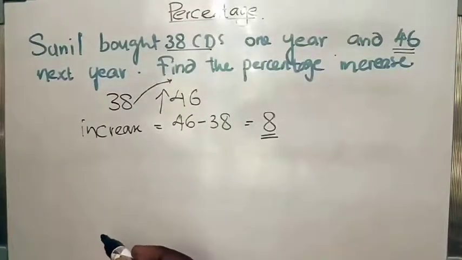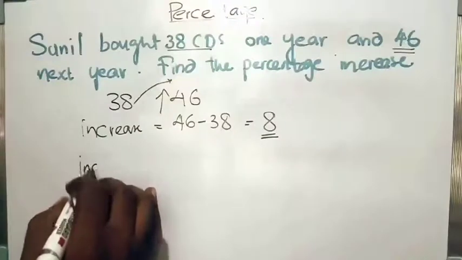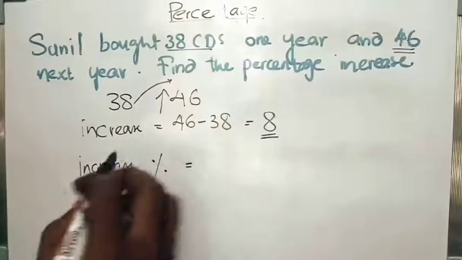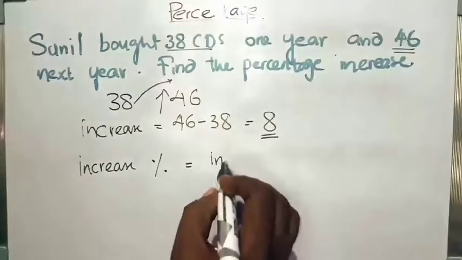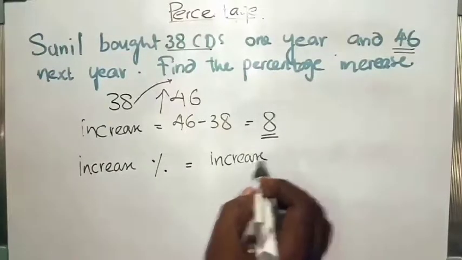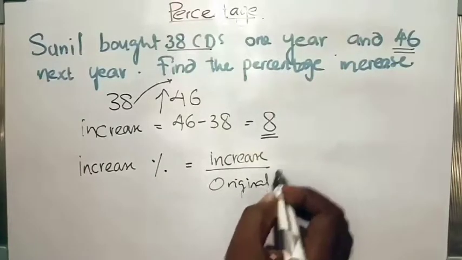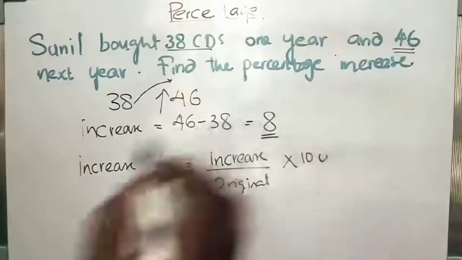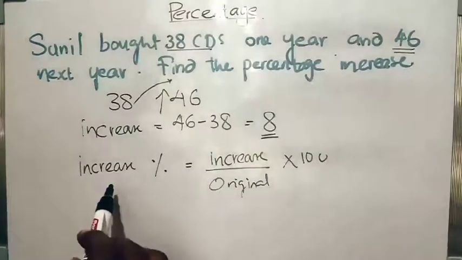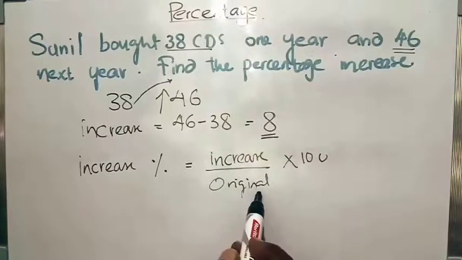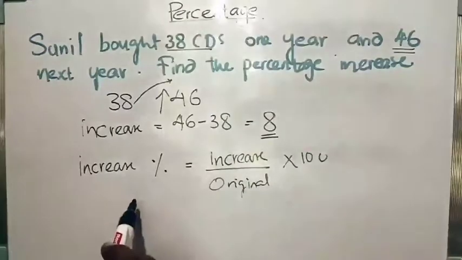To find the percentage of increase, what you need to do is: increase divided by original value multiplied by 100.